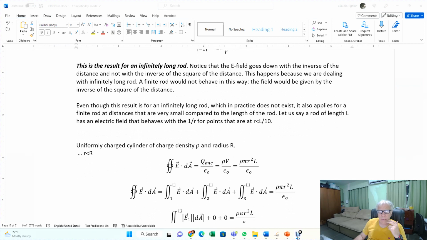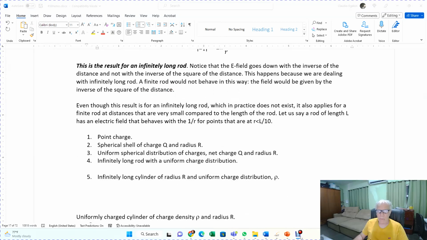This result is an approximation for a rod that's very long compared to the distance to the point where the electric field is being calculated. That's what's important to remember, and that's spelled out right in here. So we are done for item number 4.